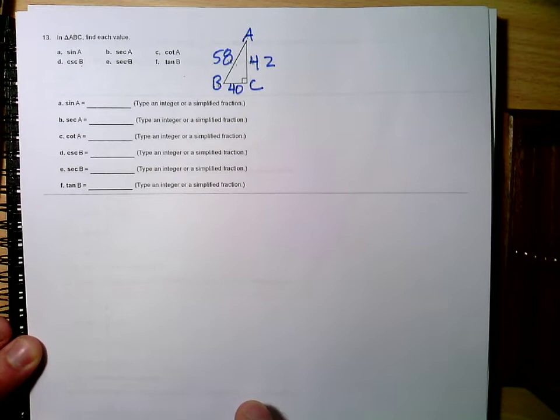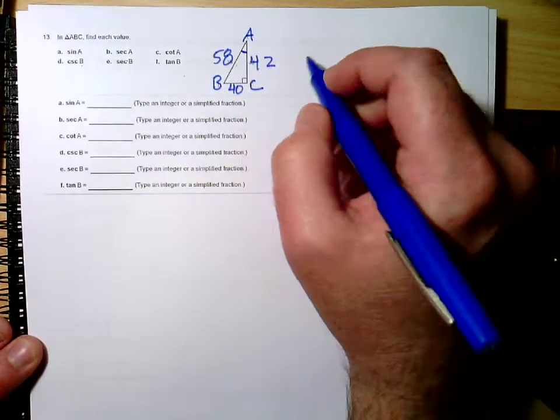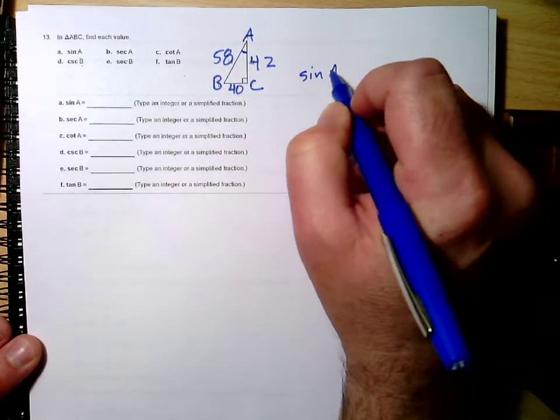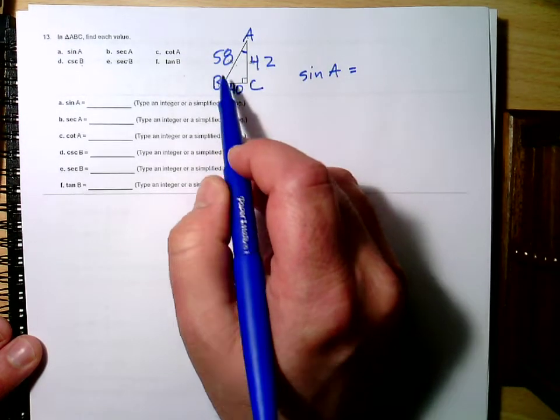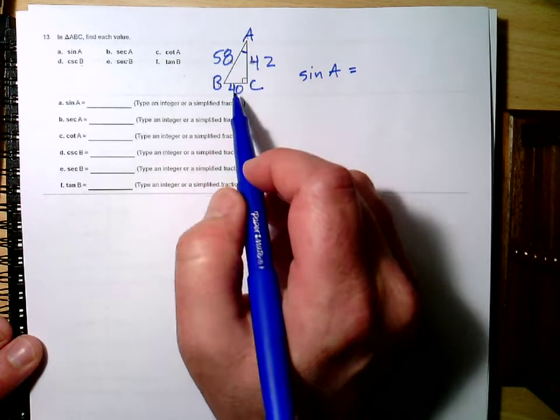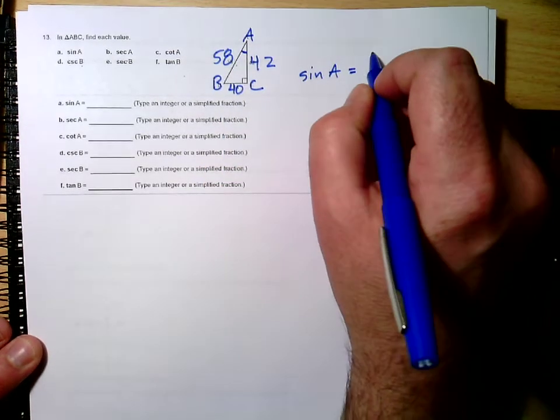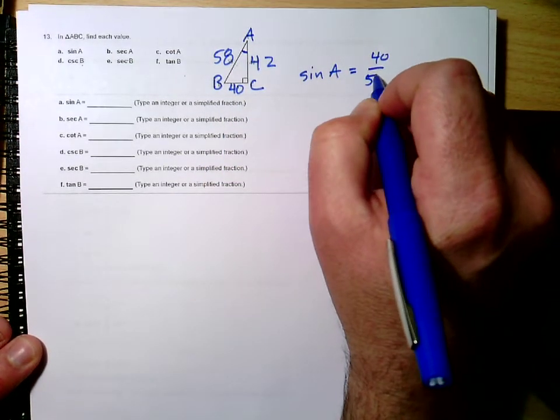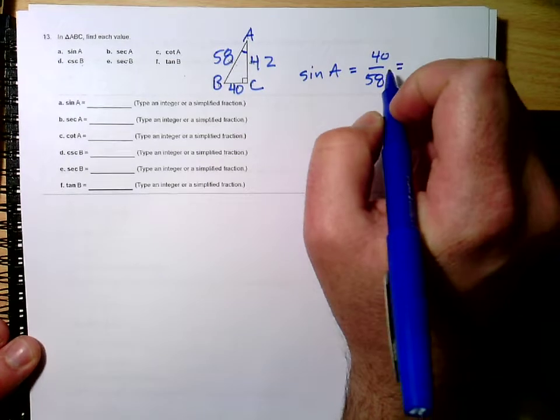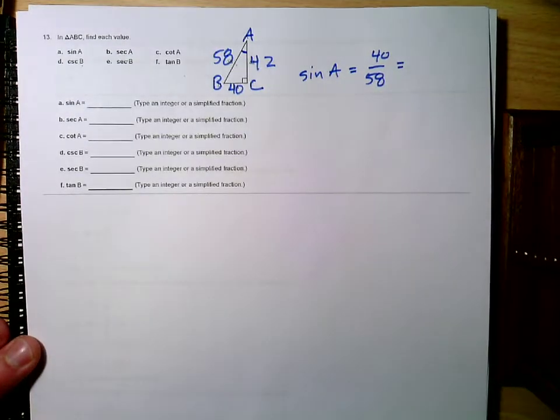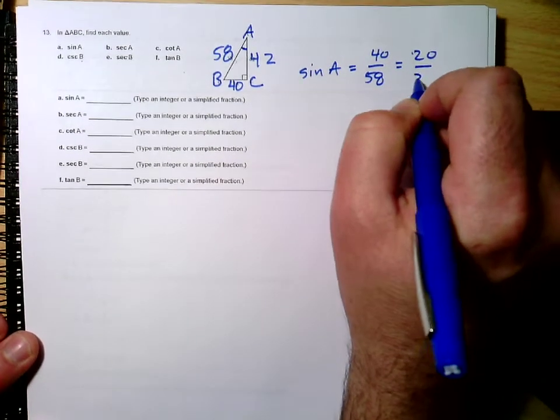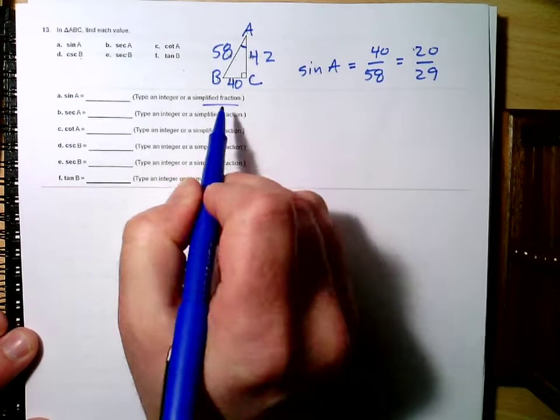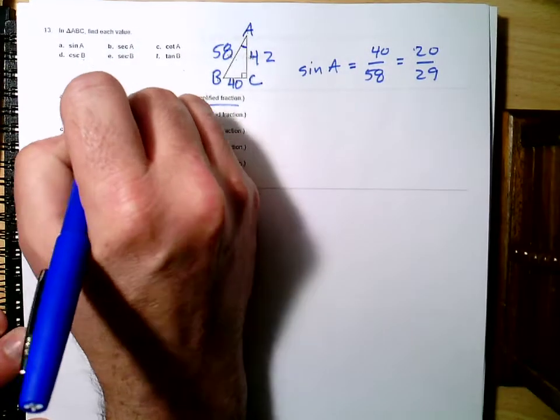So for sine of A, we're looking at opposite over hypotenuse, right? Sine is opposite over hypotenuse, so that's 40 over 58. And if we reduce that, we get 20 over 29, the reduced simplified fraction.